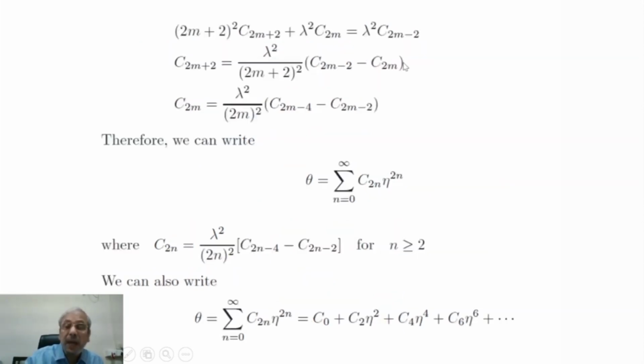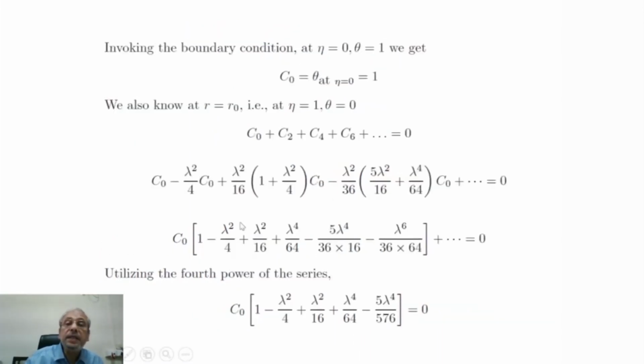If we apply that at eta equal to 0, theta equal to 1, we get c naught equal to 1. Then at r equal to r naught, that means eta equal to 1, T equal to Tw. So the expression for theta is (T minus Tw) divided by (Tc minus Tw).